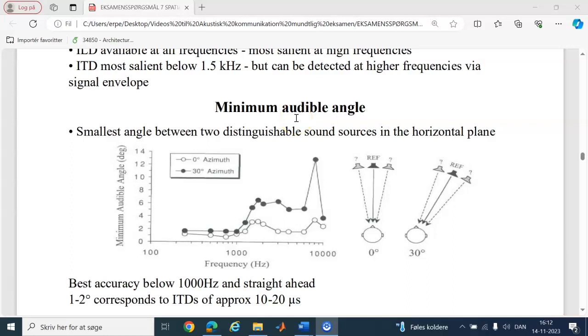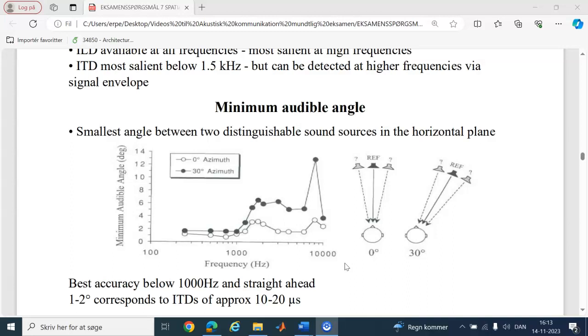Minimum audible angle. That is the smallest angle between two distinguishable sound sources in the horizontal plane. On the first axis you have frequencies from 100 to 10,000 Hz, and on the second axis the minimum audible angle. At 0 degrees azimuth, when you are in front, there's just a small minimum audible angle, not more than 3 degrees.